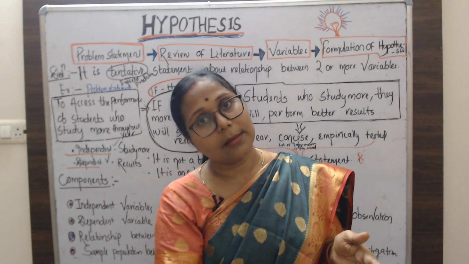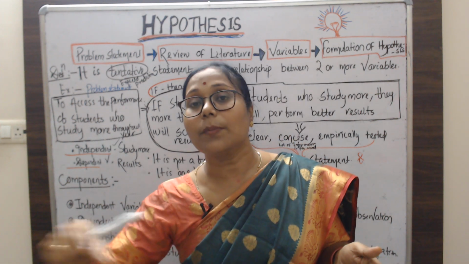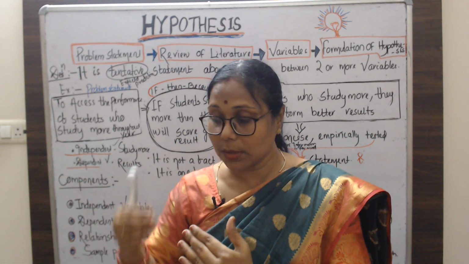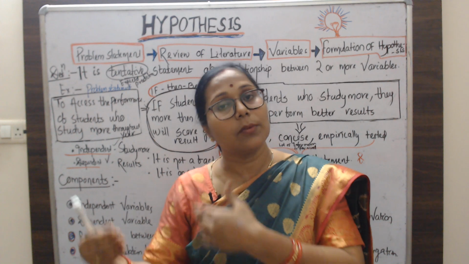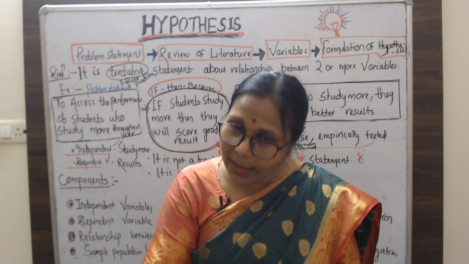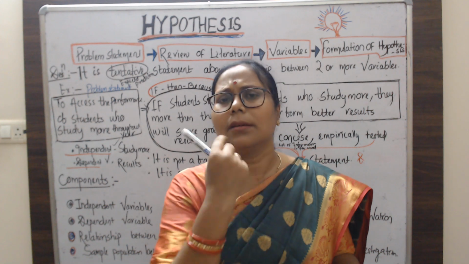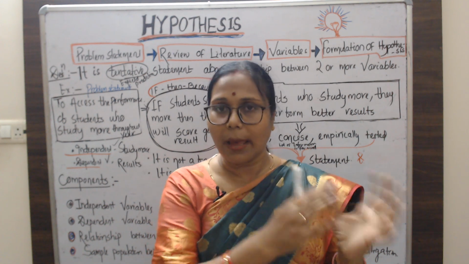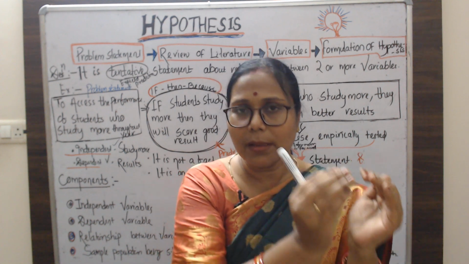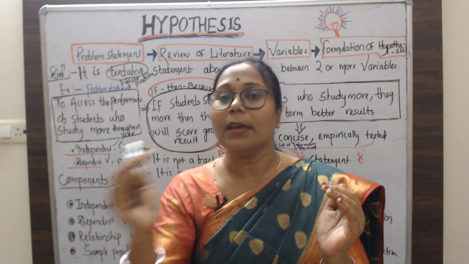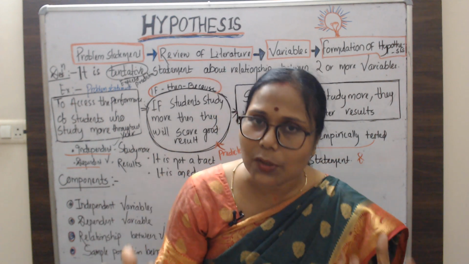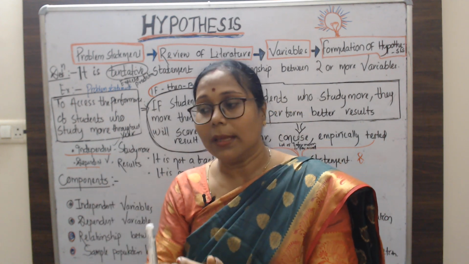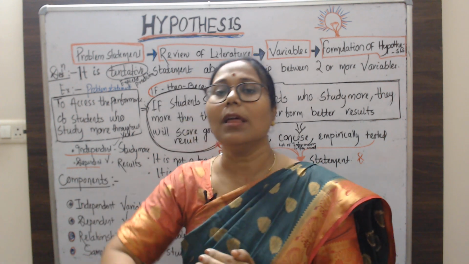The researcher finds the measurable characteristics or properties of the topic, or of the object on which the investigation is conducted. After the variables, the researcher makes observations. He will see what is happening, how the variables relate to each other, or whether there is a relationship between the variables, and that observation in the form of a statement is called a hypothesis.